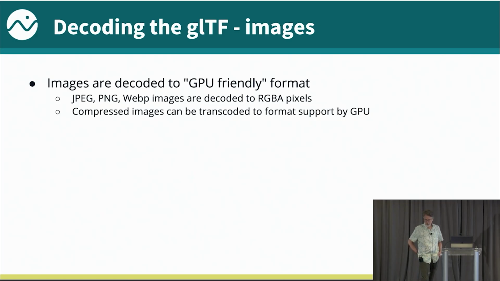There's a bunch of support for compressed texture formats, and I'll talk a little bit about this in a second, but those are generally left in a format that would be directly supported by a GPU, depending on the compression format supported by your GPU.